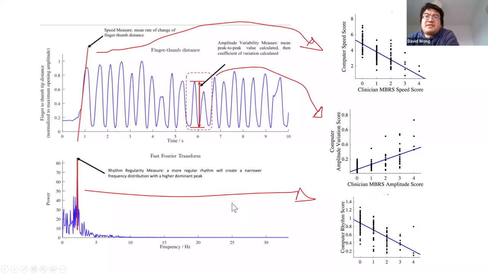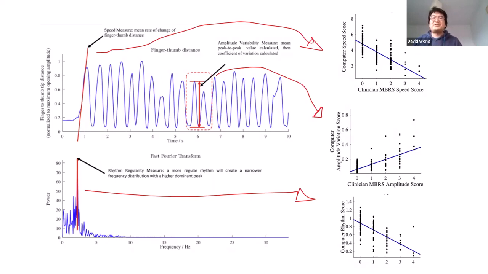We then selected some metrics from the signal that we thought should correlate with these components of a finger tapping test, and those were entirely heuristic. There's no guarantee at all that they're the best metric. They're a very quick and dirty clinical analysis. So to get to an idea of the speed, we thought, well, that's a measure of distance over time, so let's calculate the slope of the signal at every point.